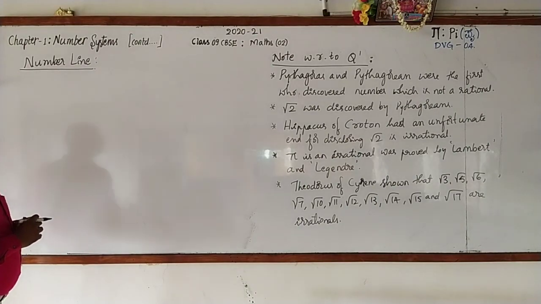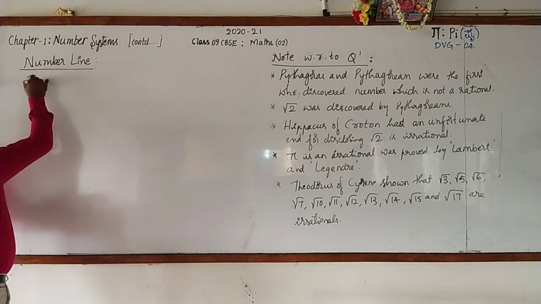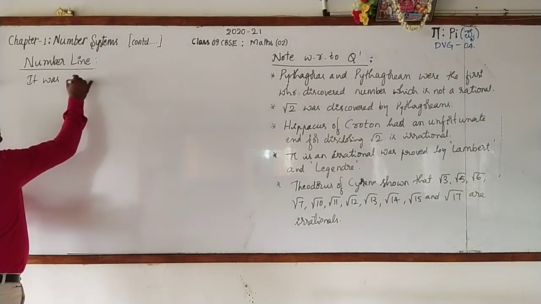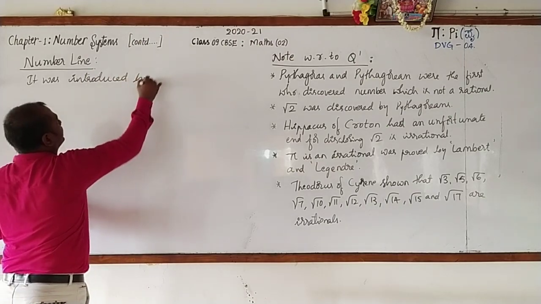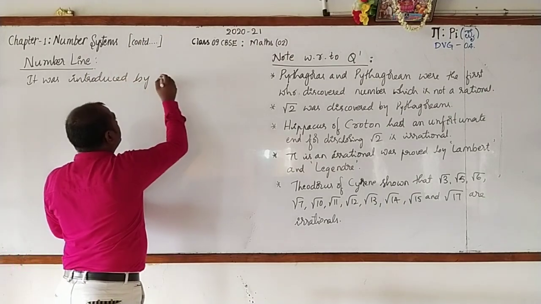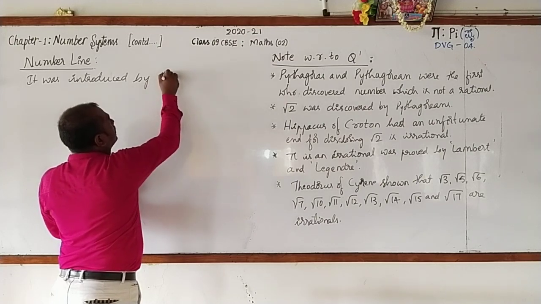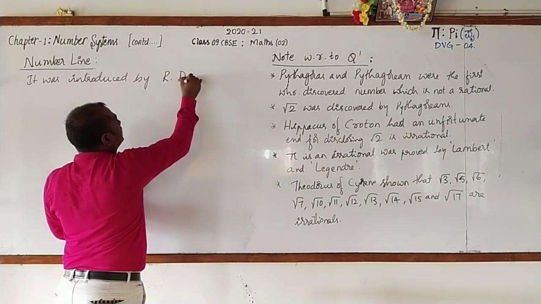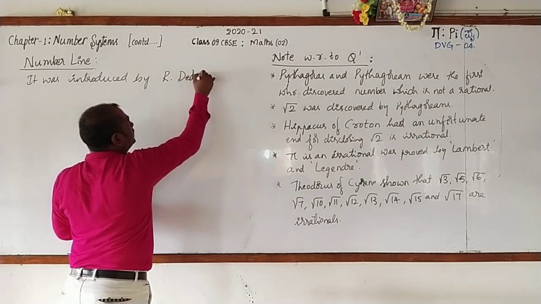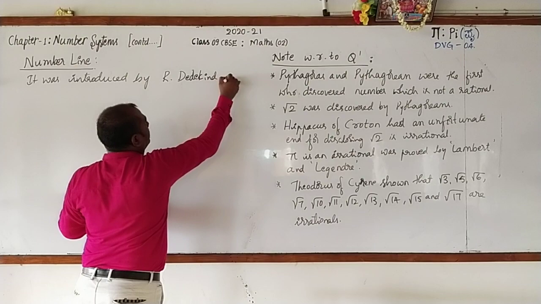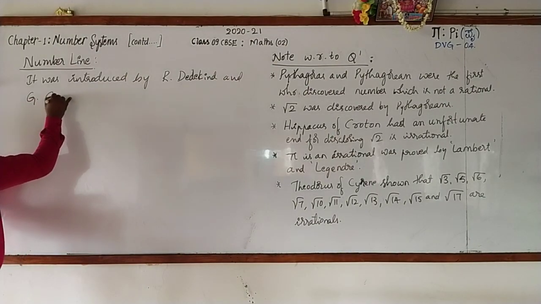The number line was introduced by Richard Dedekind, D-E-D-E-K-I-N-D, and another mathematician, G. Cantor.